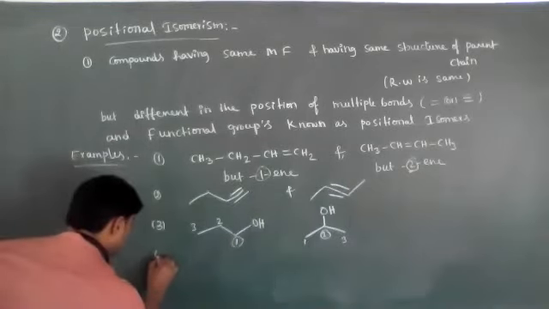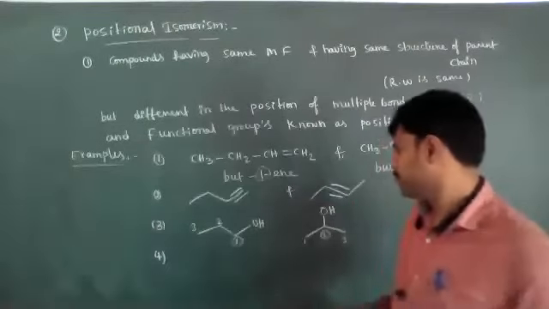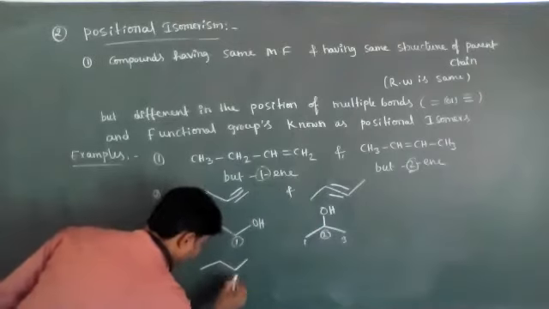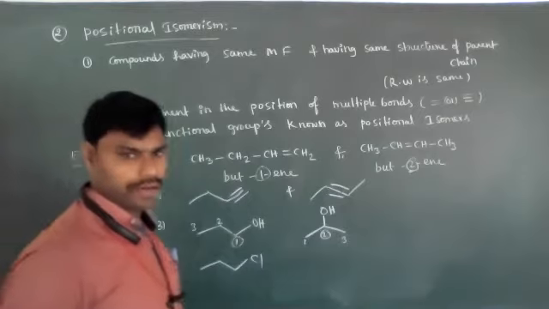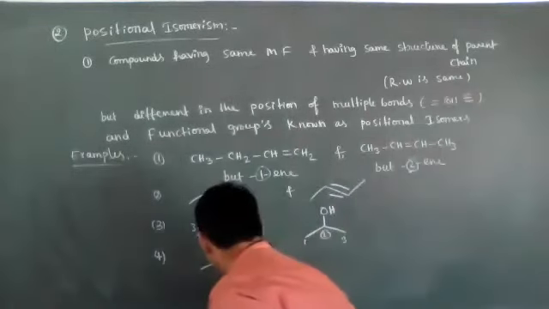Let's see one more example, if you want. 1-chloropropane: this chlorine, or halogen, is attached to the first carbon.